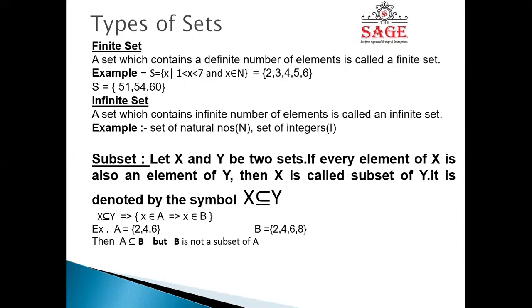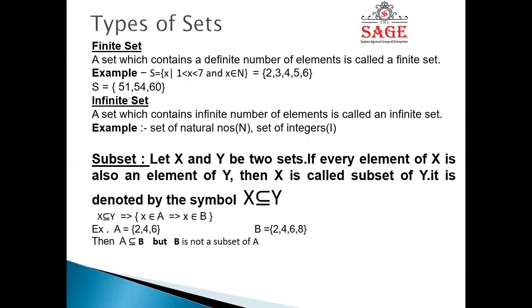Now we discuss the various types of sets. There are many kinds of sets like finite set, infinite set, subset, power set, superset. We will discuss them one by one. First is the finite set. A set which contains a finite number of elements is called a finite set.